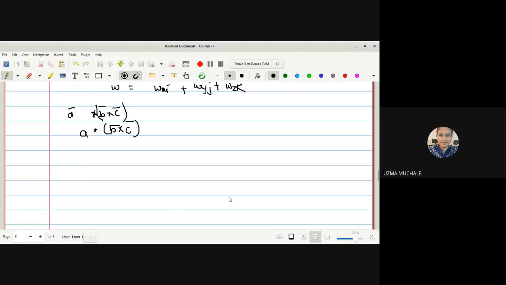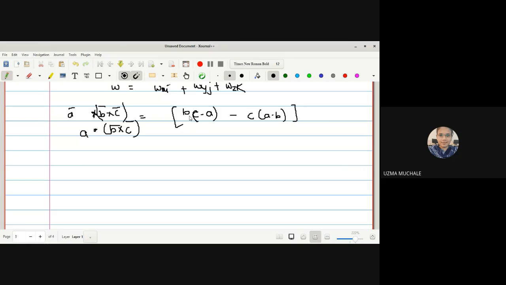For that, I don't know how many of you remember A cross B cross C, which we studied in the 12th standard. A cross B cross C is nothing but B dot C times A minus C dot A times B. This is BCA minus CAB.